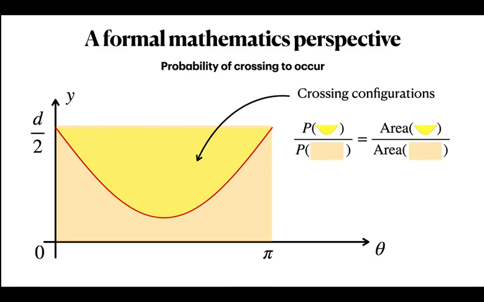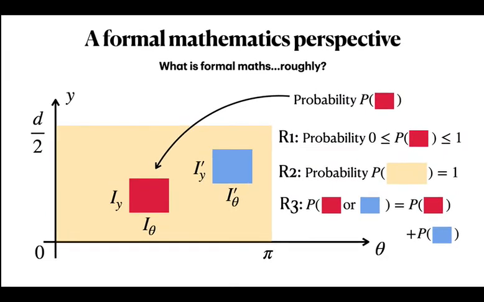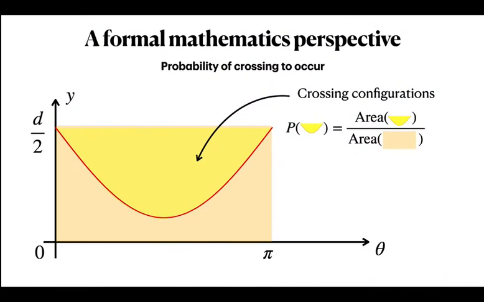But that's where this becomes a smart trick, because if you remember, when we looked at the Kolmogorov axioms, axiom number 2 states that the probability of this beige rectangle is equal to 1. So in the end, the probability for a configuration to be in this yellow domain is equal to the ratio of the corresponding areas: its area over the area of the beige rectangle.